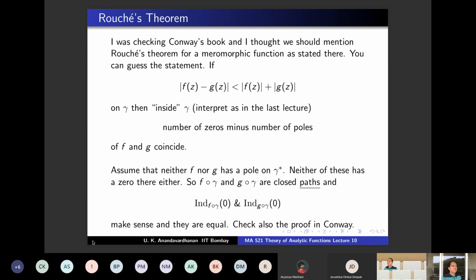So f is considered as a function on gamma star only, because the curve is f composed with gamma, even in that argument. So that's enough. It's okay, no, Ariman? Look okay, but double check. Anyway, look at Conway. This is the argument, and it goes through. So it's the same idea that we are using, but I feel this is slightly better, right? What do you think?